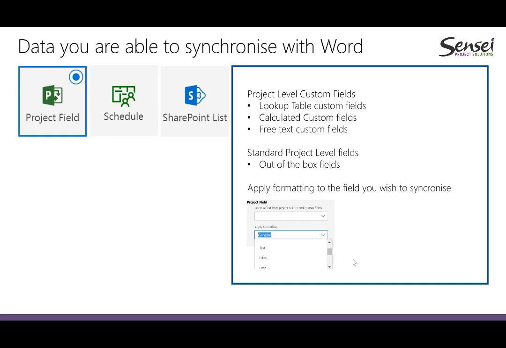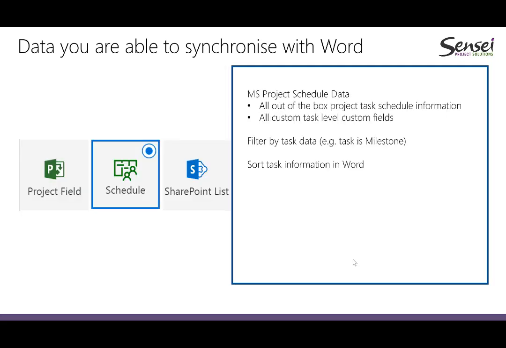So what kind of data can you synchronize with Word? Well, project fields within Project Online, so any kind of project level custom fields that you created, including lookup tables, calculated custom fields, or free text custom fields, plus of course all of the standard project level fields like baseline data, date and cost data, etc. Plus you have the ability to apply formatting to those fields in your Word document.